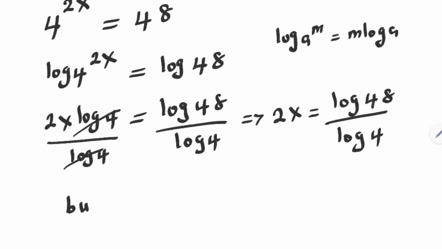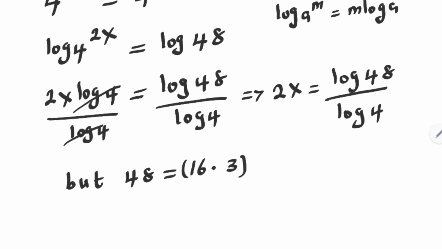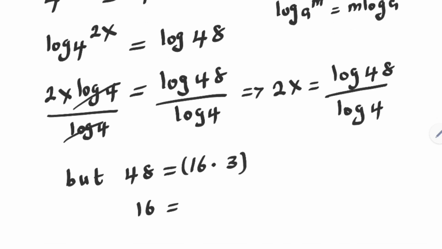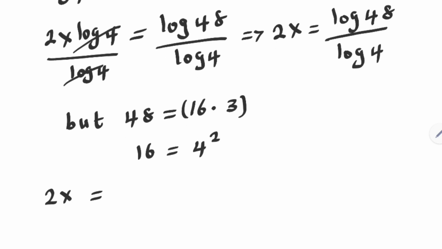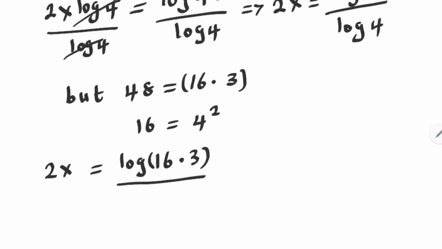But 48 is equal to 16 multiplied by 3, and 16 is equal to 4 square. Then we have 2x is equal to log 48, which can be written as log 16 multiplied by 3, divided by log 4.